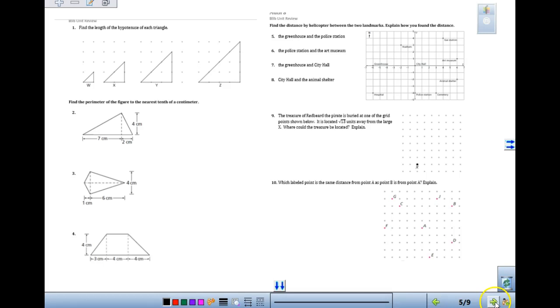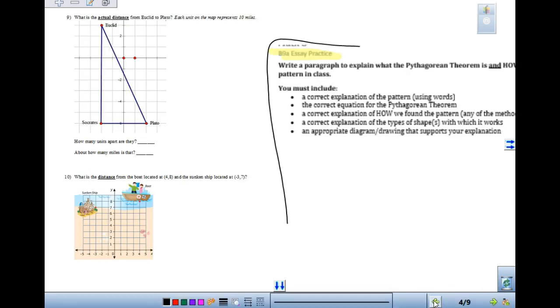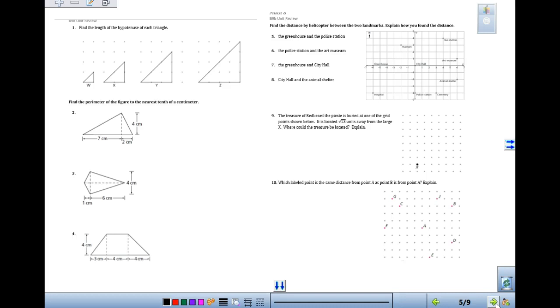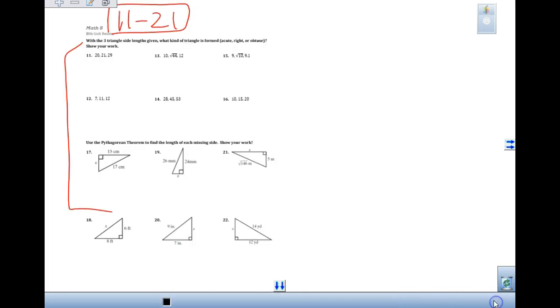If you have not done 9A yet and practiced writing it, go to your device and look at those 3 different ways that I put down and pick one of them and try to do that to explain.